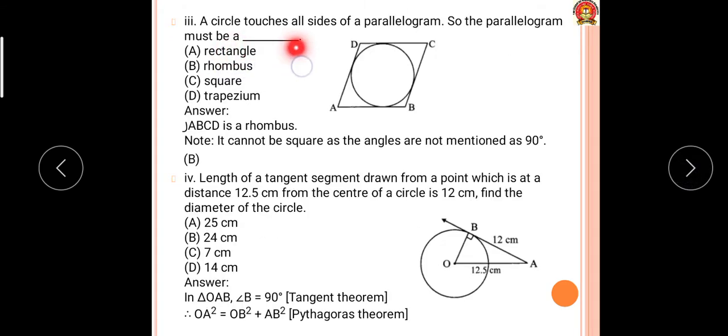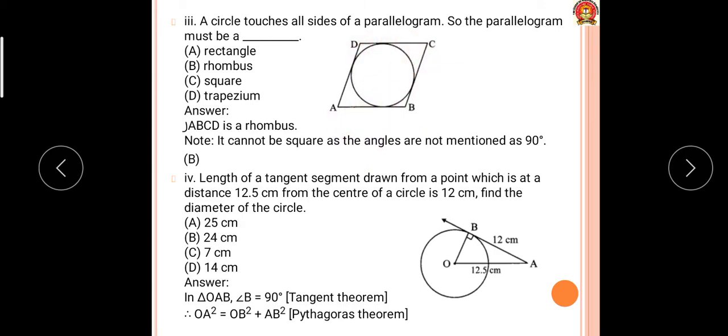See, a circle touches all the sides of a parallelogram, so the parallelogram must be a rhombus. Is it? It cannot be a square as the angles are not mentioned. Rectangle, you can't say, because in a rectangle the opposite sides are equal, but the angle is not mentioned.